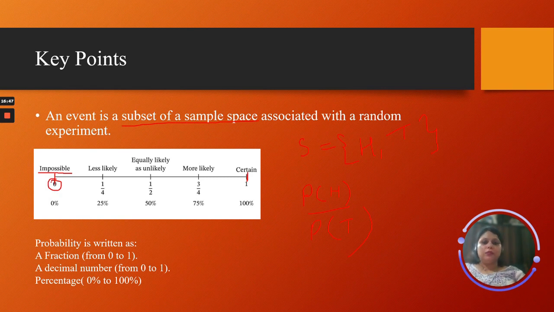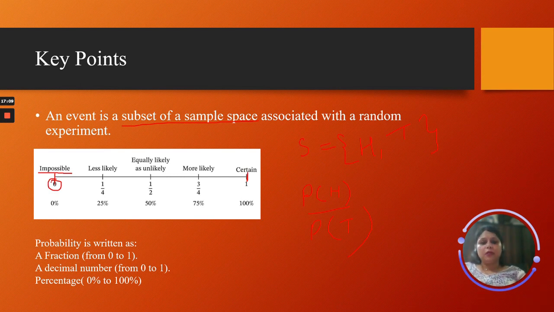And now coming to certain event, it is very much clear from the name. Certain event, that is sure to happen, or we can say it has 100% chance of occurrence, and the maximum value is 1. For example, if I say the sun will rise in the morning, so this is sure to happen, right?